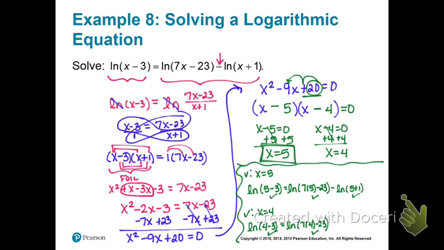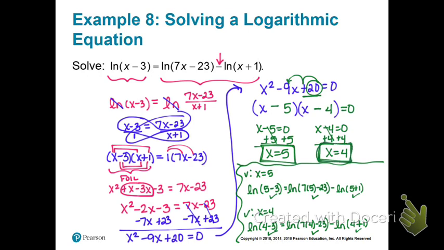That's okay. And then we have the natural log of x plus 1. It's 4 plus 1, I plugged in the wrong number. That's 5, and that's okay. So 4 is also our solution.